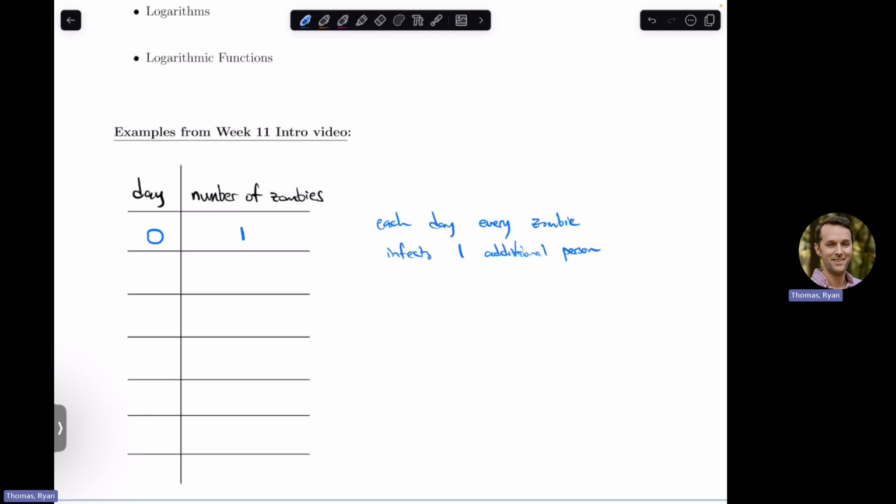That would mean that on the next day, there was one zombie, but that zombie goes out and infects another person, which means we multiply by 2 and get 2.